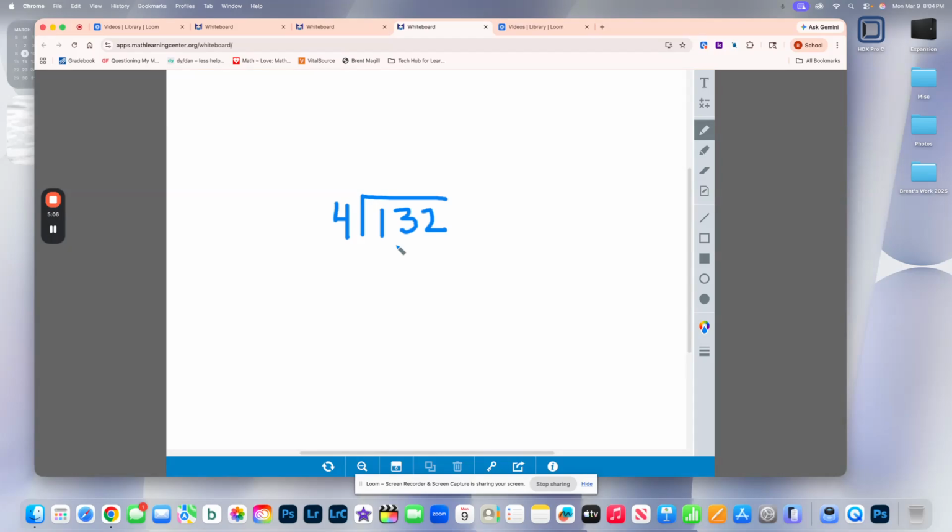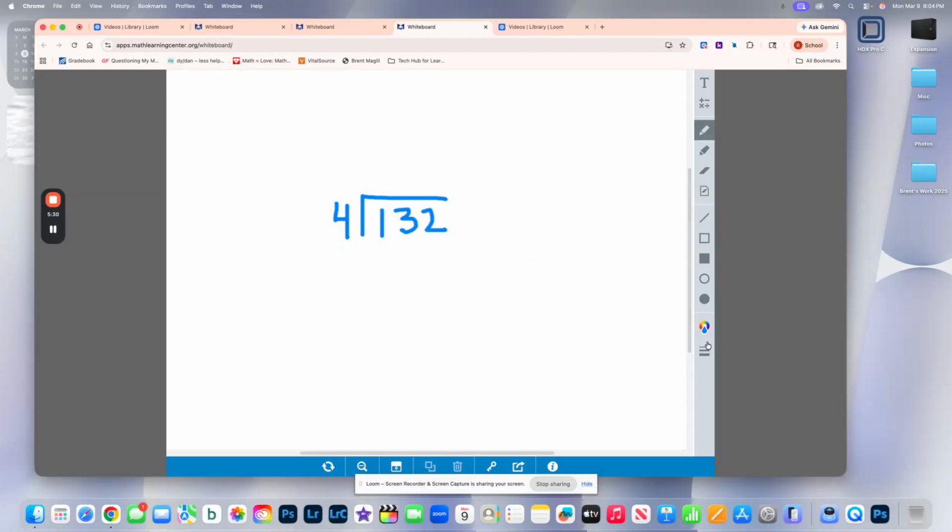I also like to use the story of money. I think of money as I'm dividing, and sometimes that helps me understand the concept. When we go through this, it'll make more sense. The first thing I'm going to do is take 4 and look at the first digit in the number 132.